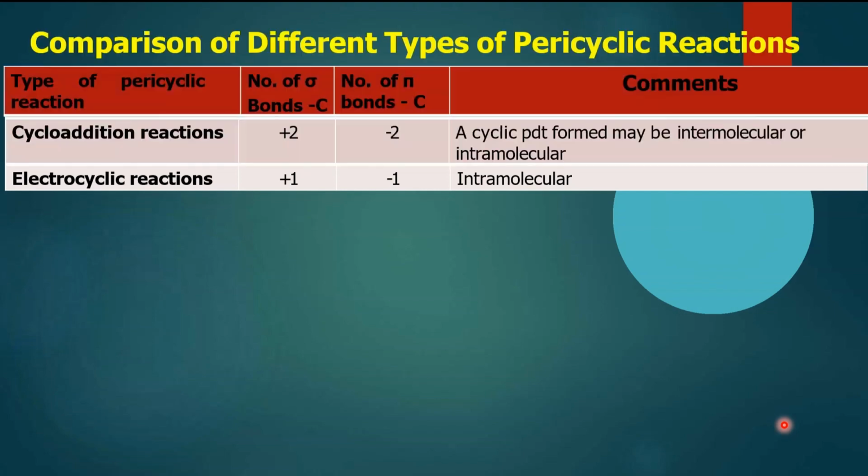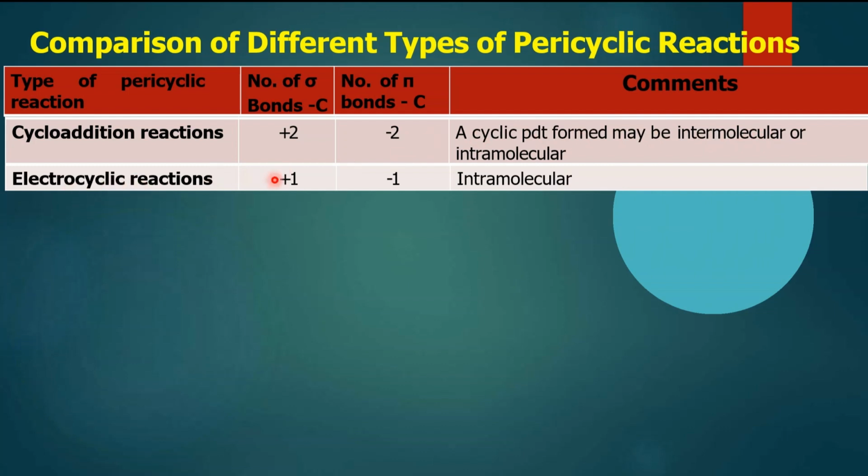When we compare them, in cycloaddition reaction, two new sigma bonds are formed at the expense of two pi bonds, and it is both intermolecular and intramolecular. The forward reaction is intermolecular, and the backward reaction is intramolecular.